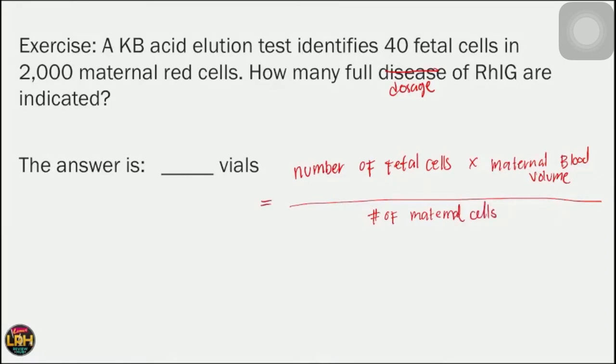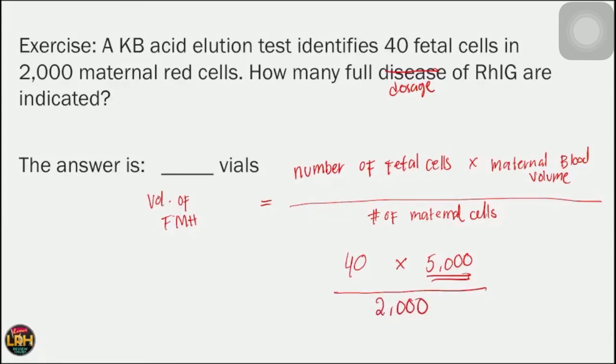Using this formula, we can get the volume of the feto-maternal hemorrhage. So using the given, we have 40 fetal cells multiplied by the maternal blood volume. If there is no given, we use the estimated maternal blood volume, which is 5,000. Again, this is an estimate. All over the number of maternal cells present, which is 2,000.